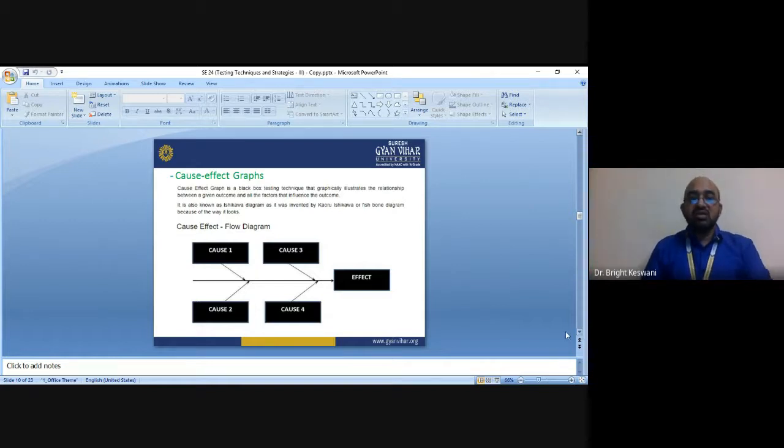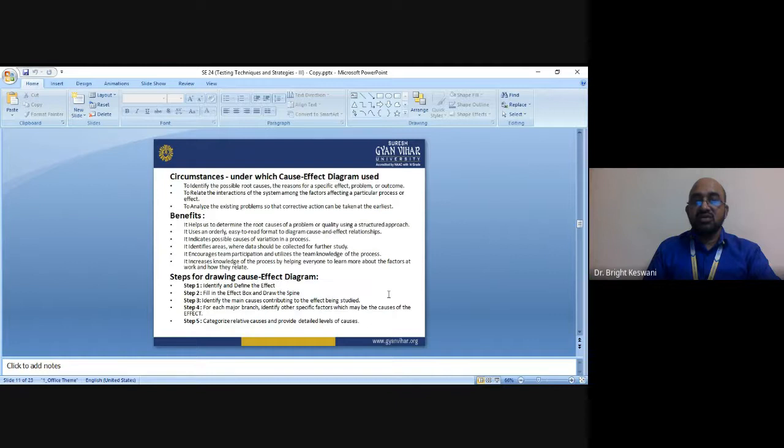So you can see in this picture, there are several causes and there is an effect of these causes. It is like a decision tree type structure, and you can decide various causes and the corresponding effect of the causes on the testing procedure.